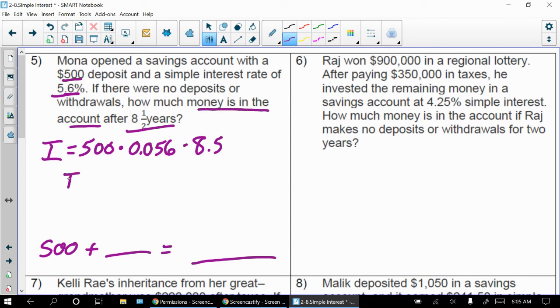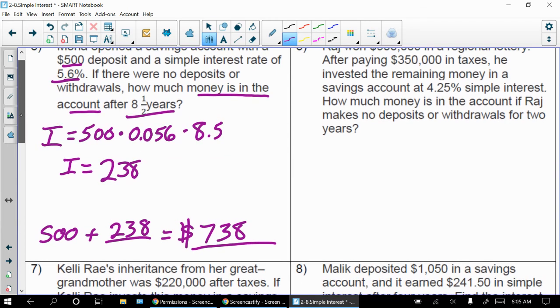Okay, so I equals 238. So that's what we're going to add to our $500. So we have a total of $738. Not a lot, right? That's why you always should be putting money into your savings account. All right, watch that. And number 6 is the same thing. How much is in the account?